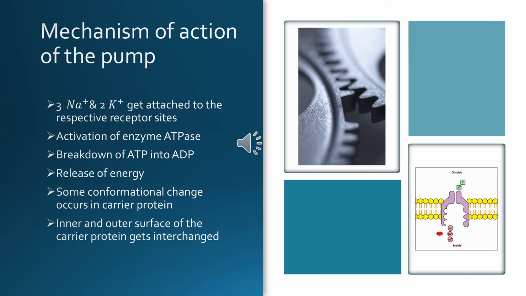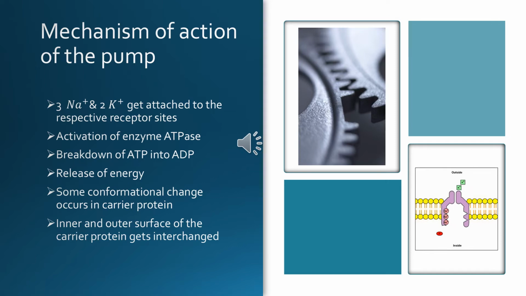That is, the inner surface of the carrier protein faces the outer side of the cell after this conformational change, and the outer surface of the protein molecule now faces the inner side of the cell. So now in this interchanged position, the dissociation and release of the ions take place.